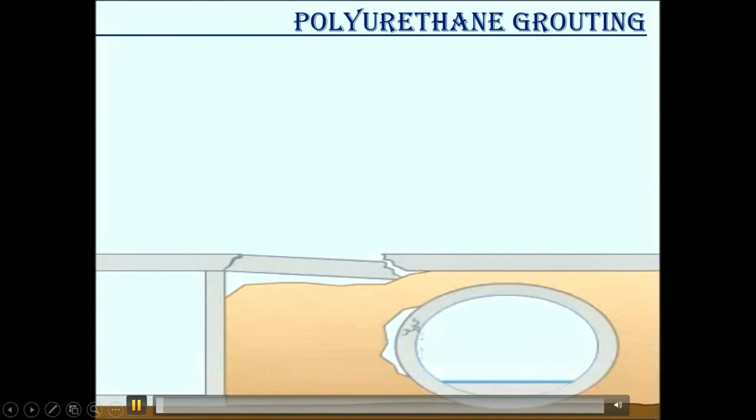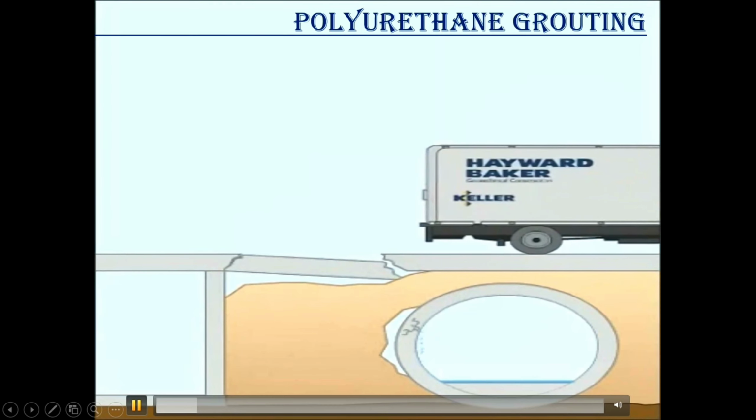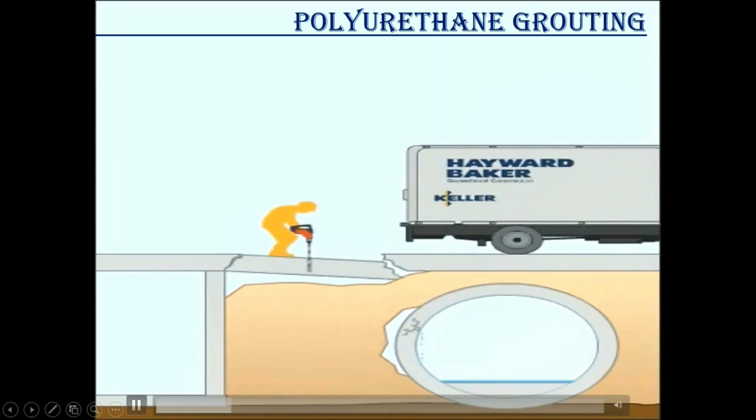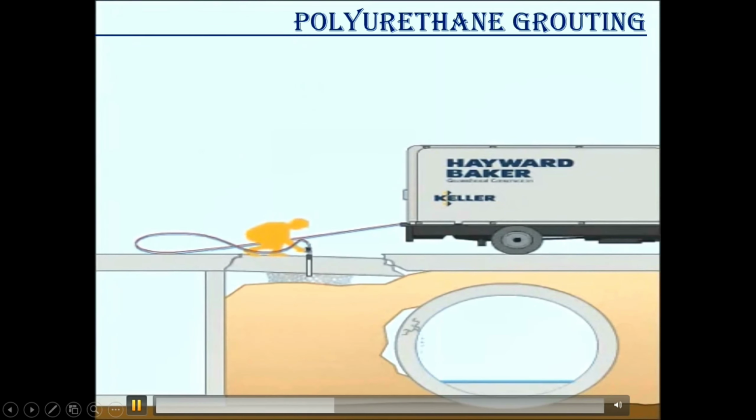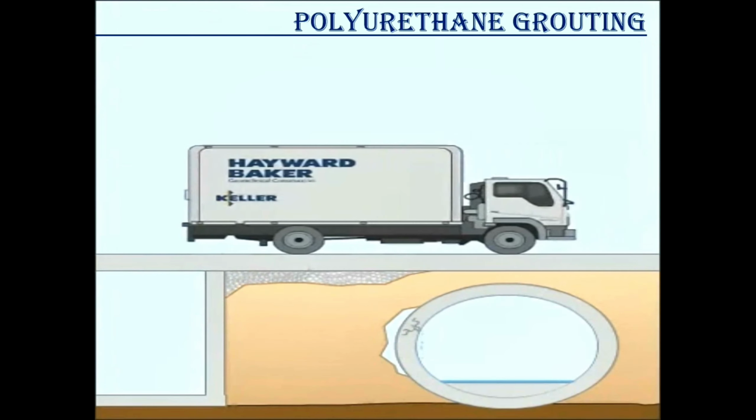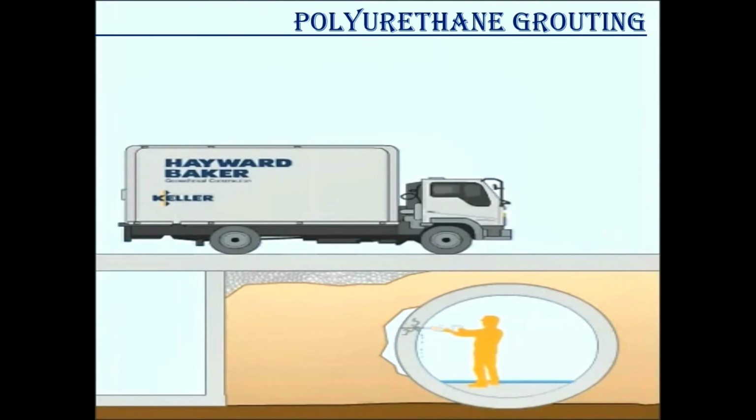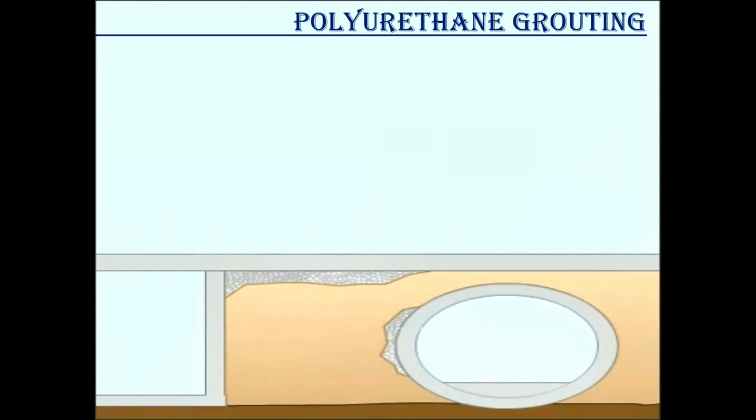This is the main agency that can provide every type of grouting process. They have a website, you can check that website. You have many varieties in the grouting process. Clear? So this is the way we choose the polyurethane grouting process.